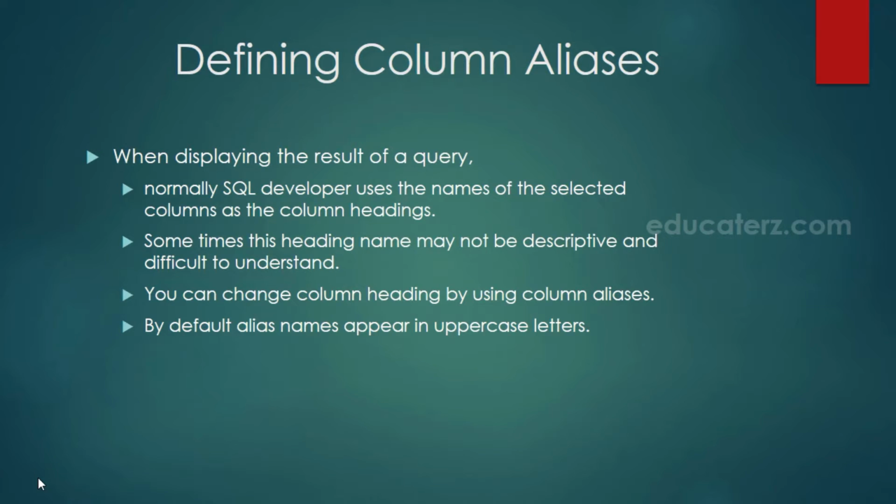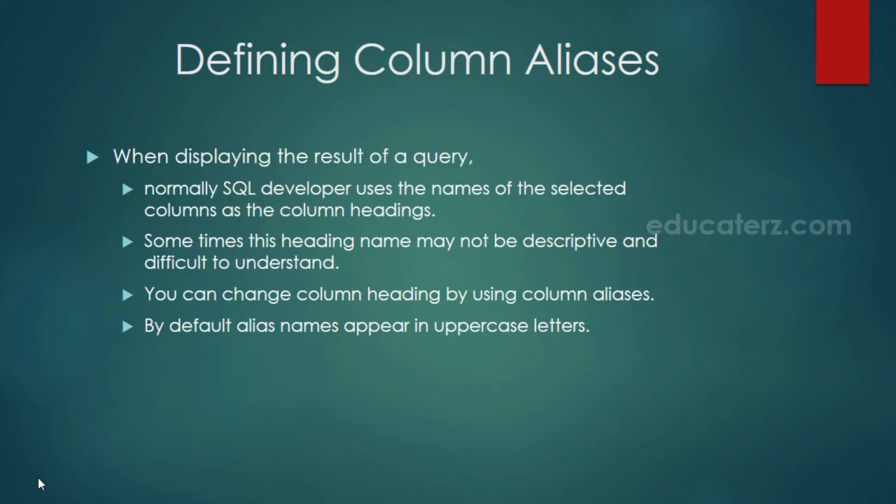When displaying the result of a query, normally SQL Developer uses the names of the selected columns as the column headings. We have seen in the previous examples in the previous classes, when you write a select statement consisting of column names, in the result set the column names appear as headings of the columns.